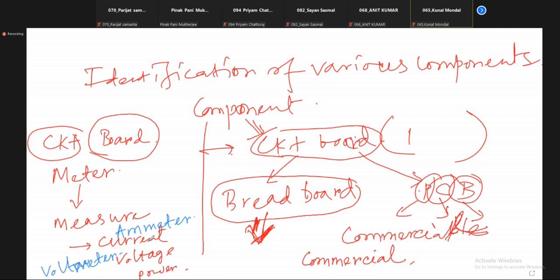Yes, sir. So the ammeter is used for current measuring, and the voltmeter is used for voltage measuring. And for power measuring, there is one instrument that is called a wattmeter. Okay, so these are just the basic concepts you should know.